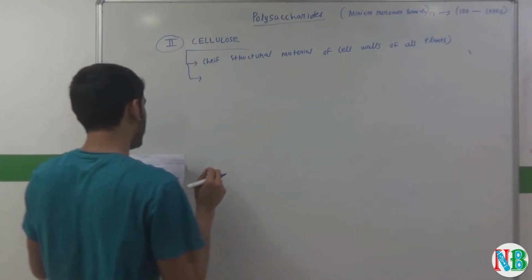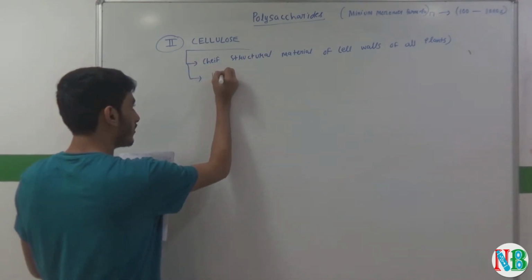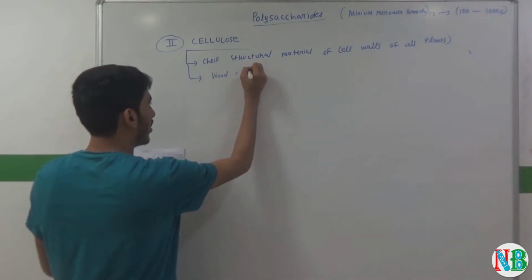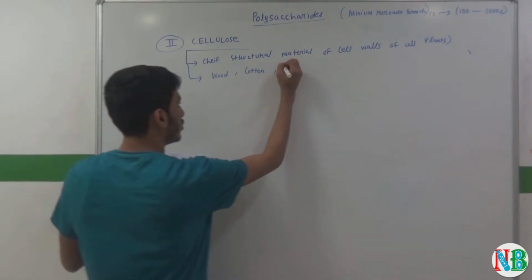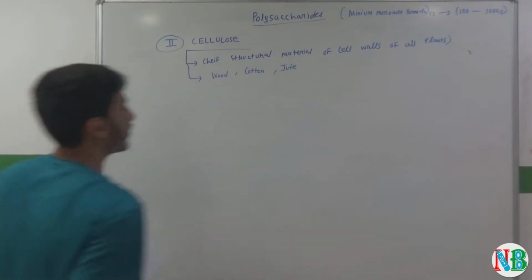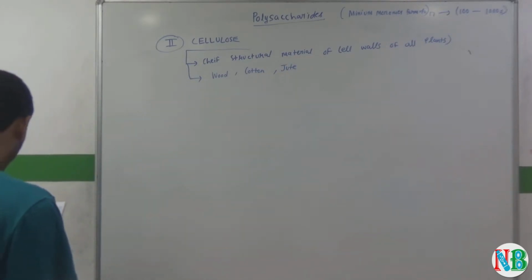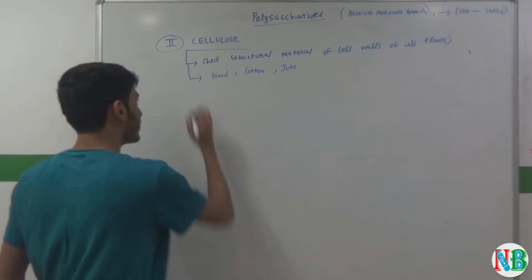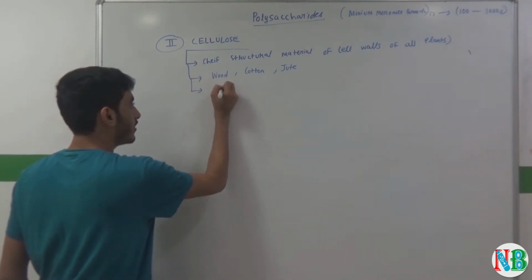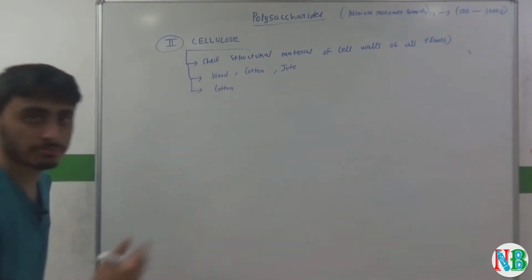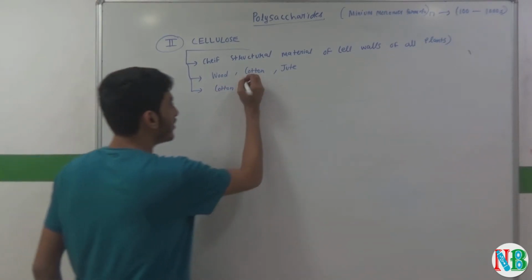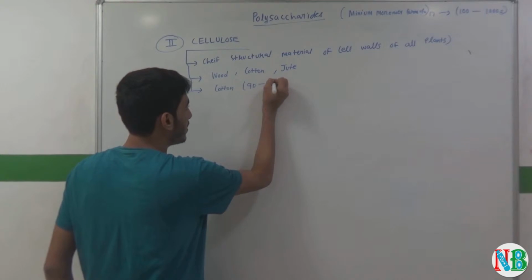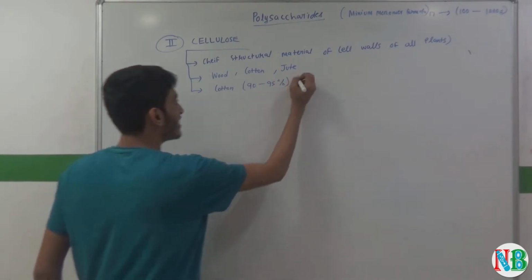It is seen majorly in wood, cotton, jute. You'll be surprised by one figure: the cotton that we all use is made of 90 to 95% cellulose.